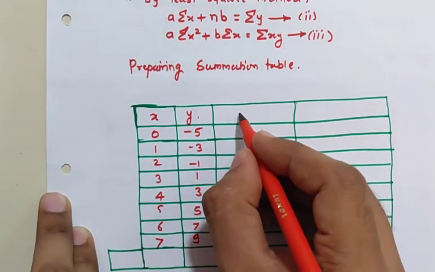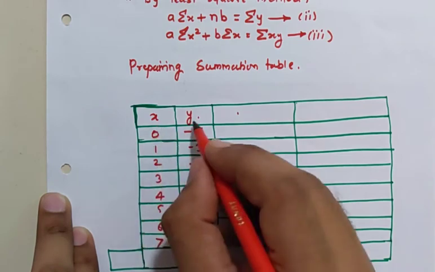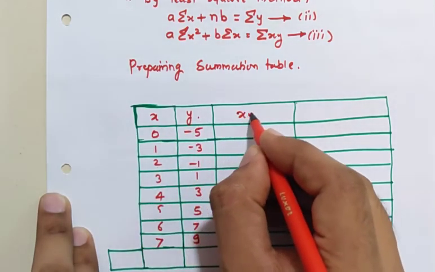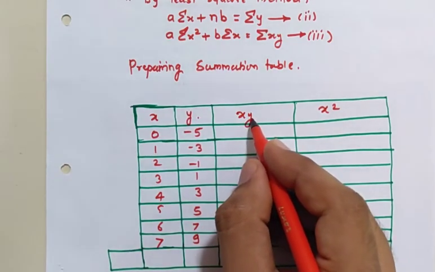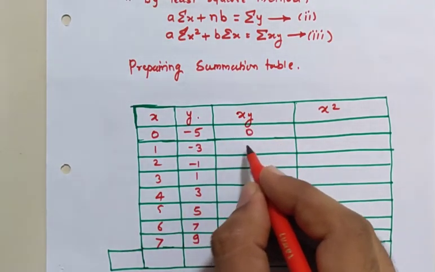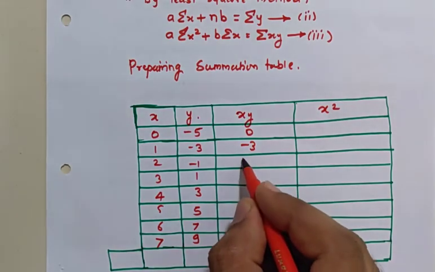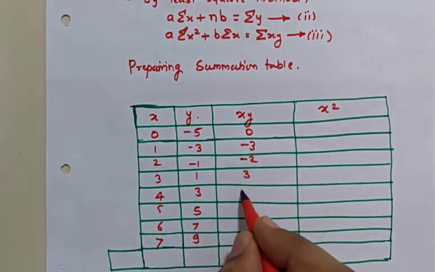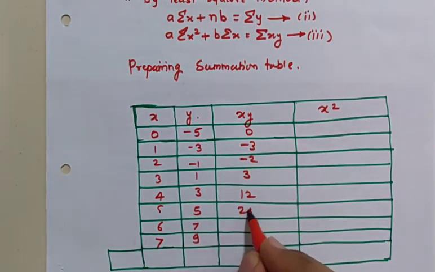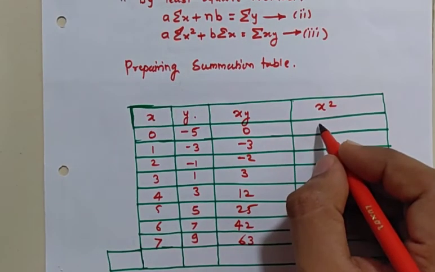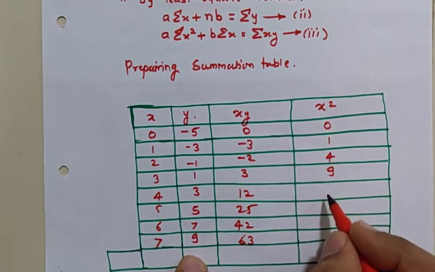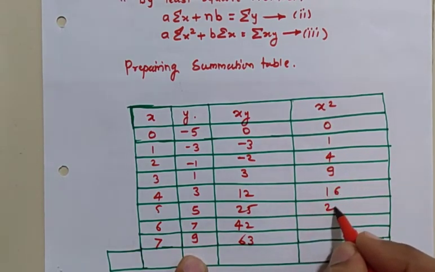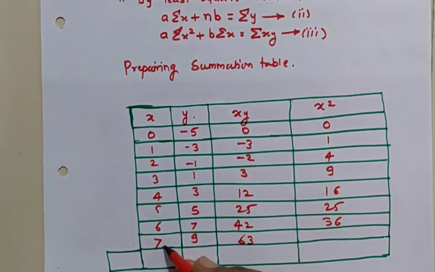Now we require the summation of x, summation of y, summation of xy and summation of x square. So observe the product of xy. It is 0, minus 3, minus 2, 3, 12, 25, 42, 63. Similarly the square of x: it is 0, 1, 4, 9, 16, 25, 36.